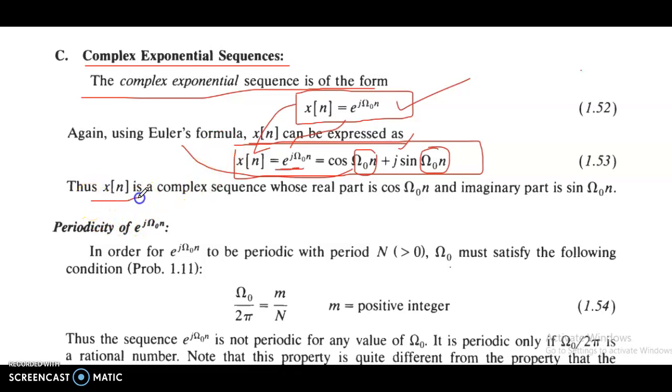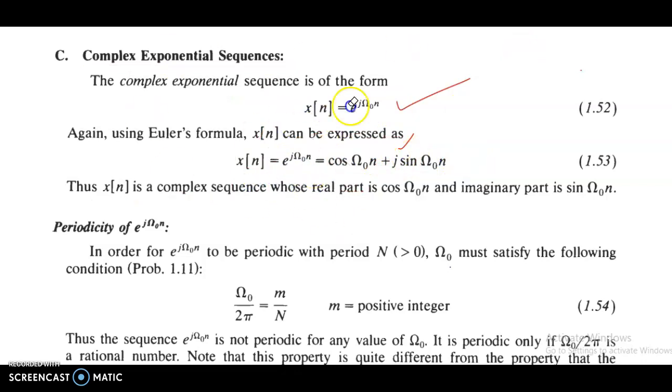Thus x(n) is a complex sequence whose real part is cos(ω₀n), and sin(ω₀n) is the imaginary part. The cos(ω₀n) is the real part.